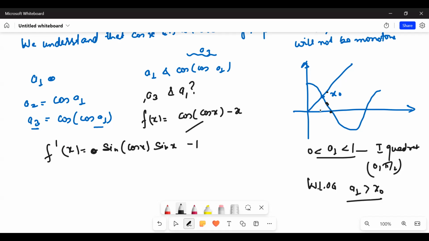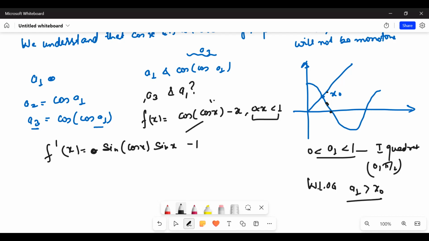And we know that x lies between 0 and 1, and remember, I'm proving this for all x lying between 0 and 1. Why? Because we are interested only here. Instead of x, I'm going to place A3, A1, and I know that all these terms, A3, A1, and all the AN, lie between 0 and 1.